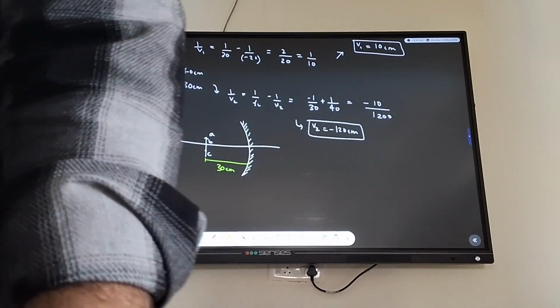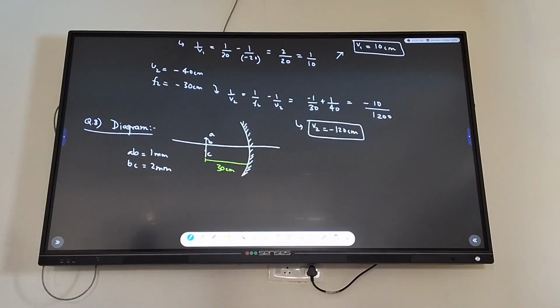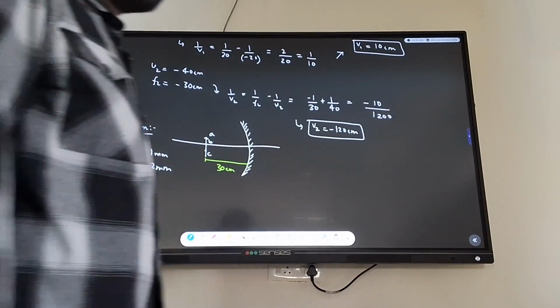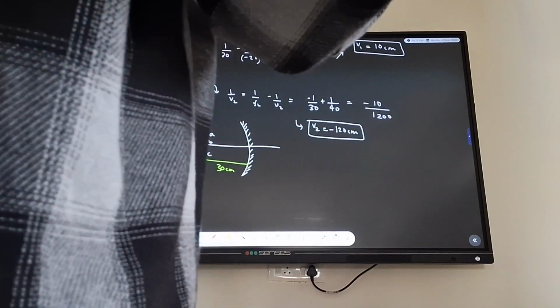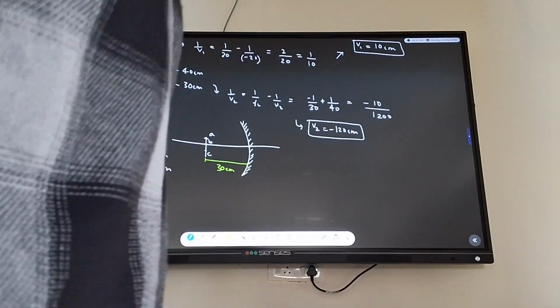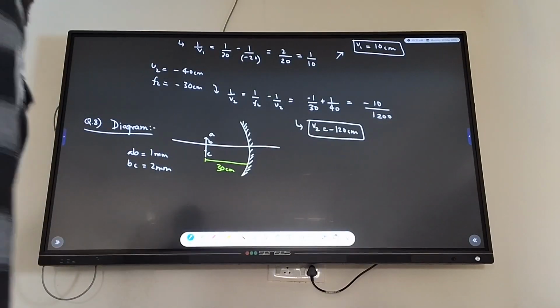No. Achha, it's inverted. Where is A prime? This arrow mark is A prime. Yes, that's correct. Good.